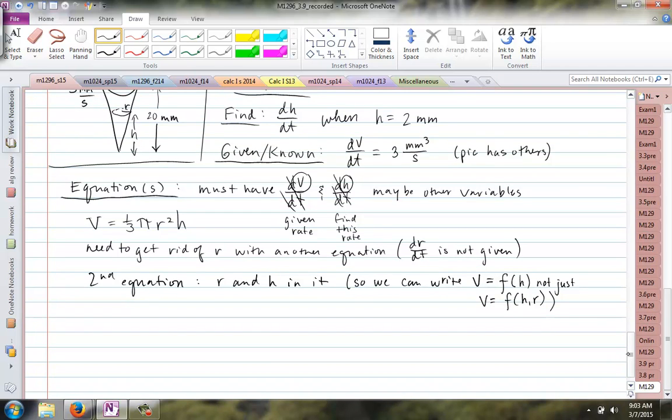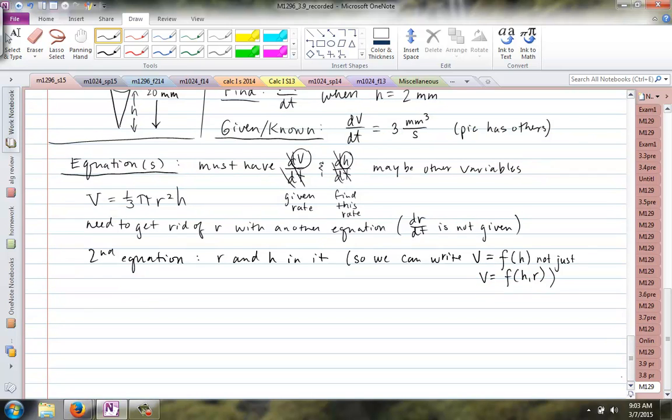Well, let's draw another picture here that is just going to highlight a little bit more of what's going on with r and h as it relates to the dimensions of the cone. So notice in the cross-section view we have a right triangle with the overall radius being 5.